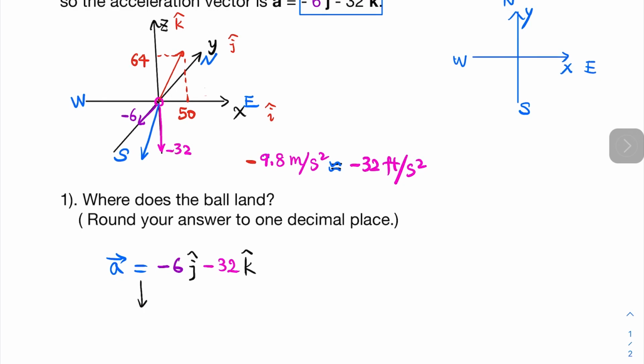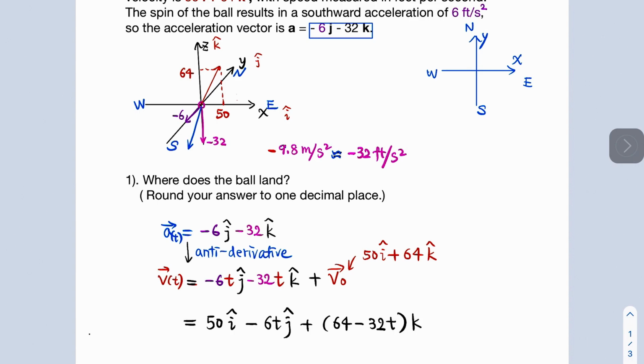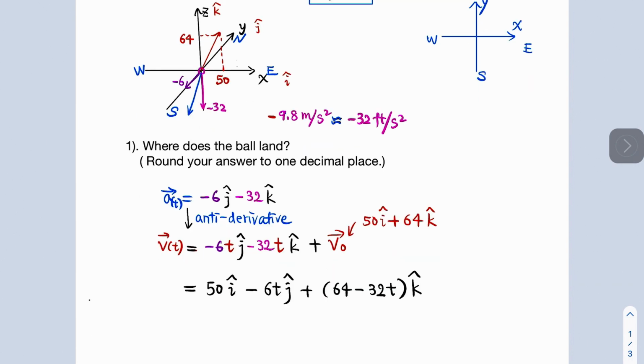We can integrate this, and we end up with -6tj minus 32tk plus the initial velocity, which we know is 50i plus 64k. Simplifying, we get 50i minus 6tj plus (64 minus 32t)k. So that is the velocity vector.